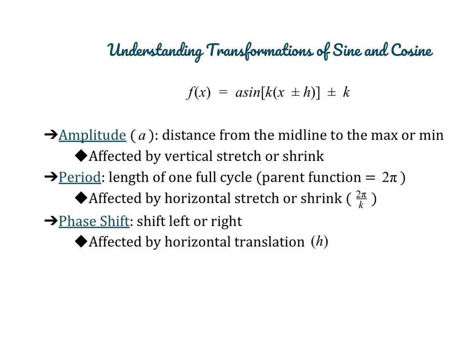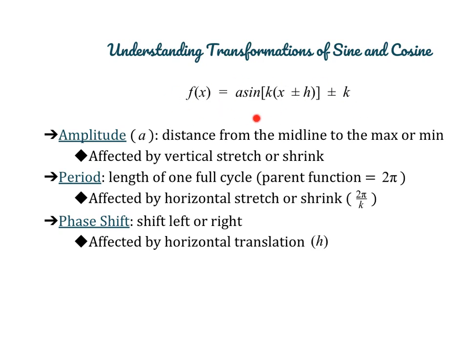When we start graphing more complex equations of sine and cosine, we are going to use those same transformation rules that we've been using for any other type of function we've covered. So it's going to change our graph in the same way. However, sine and cosine have a few pieces of vocabulary that are important to know that tie into these transformations.